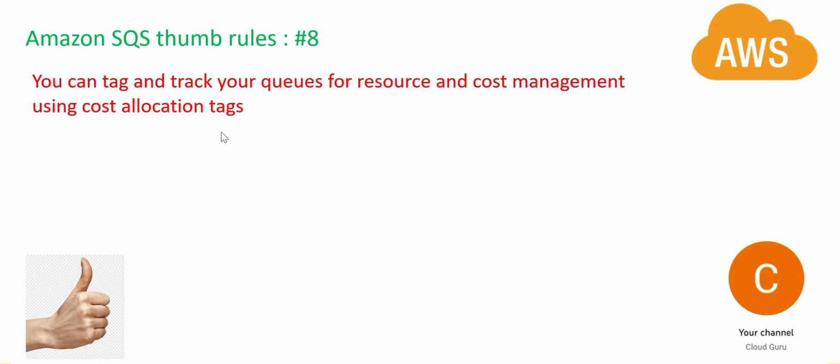So tags, we already know, we use to tag resources, so that when you see the bill and the tag is related to, for example, SQS, you know that these are my SQS charges, these are my MQ charges, these are my compute charges, these are my storage charges. So you should create such tags so that it is very clear where you are spending the maximum amount of money, where you want to control your spendings.